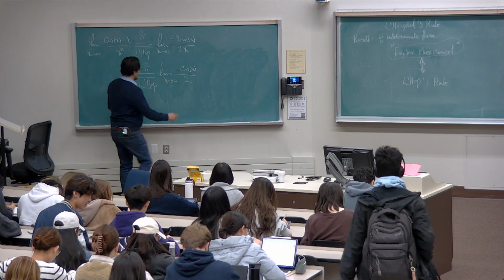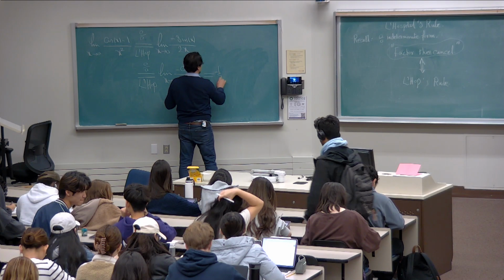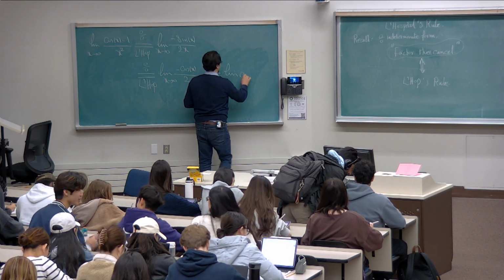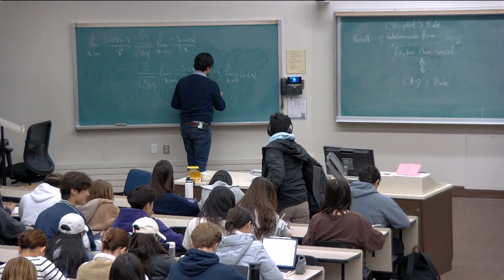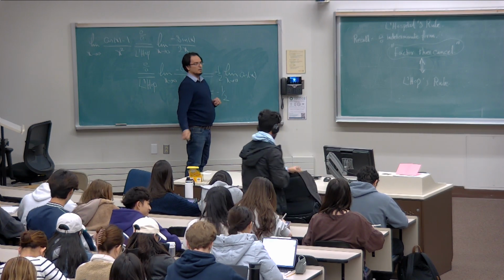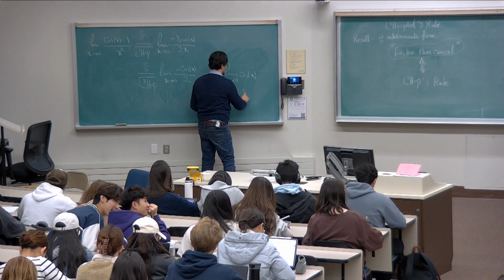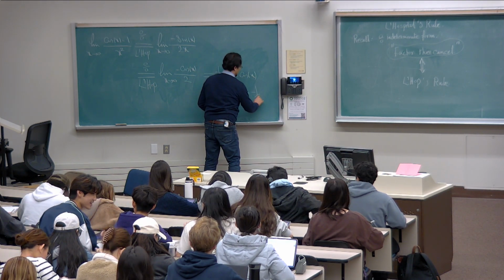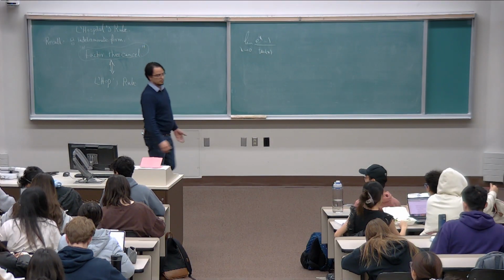Now I can simplify this and write, okay, there is a negative half times the limit of cosine x as x goes to 0, but that is nothing but cosine of 0 times negative half, and that gives me negative half times 1.